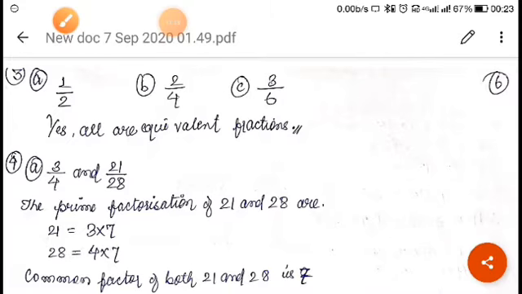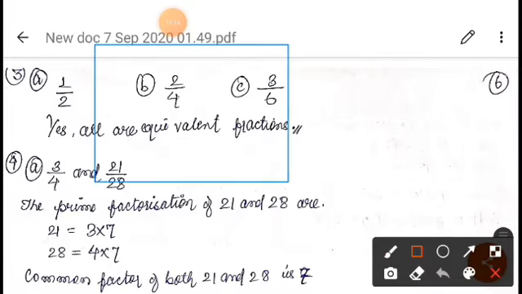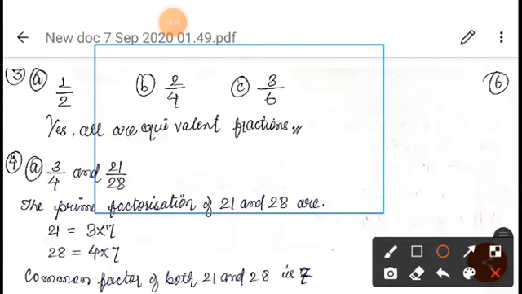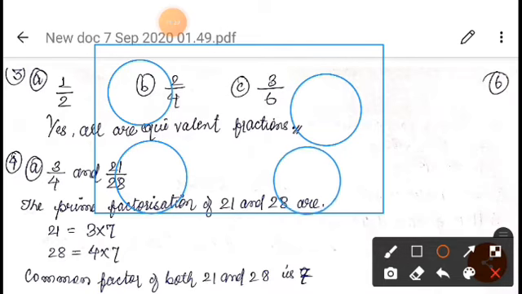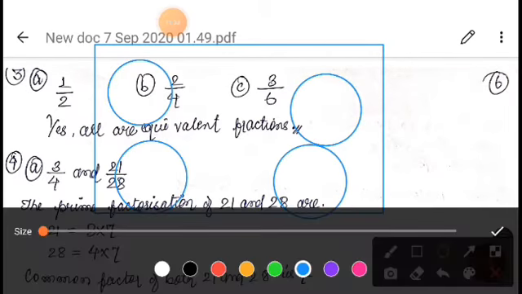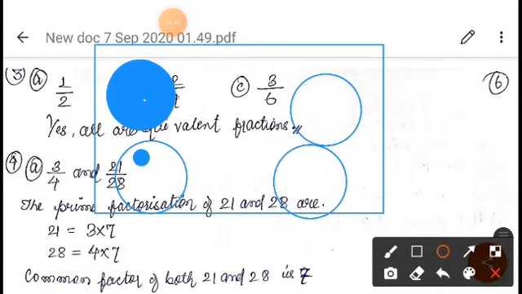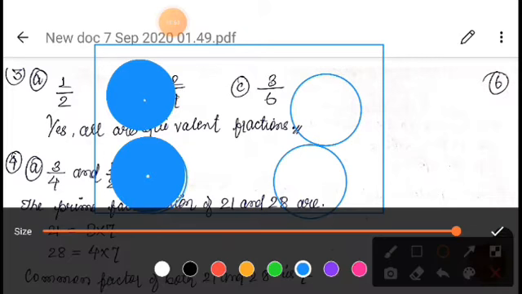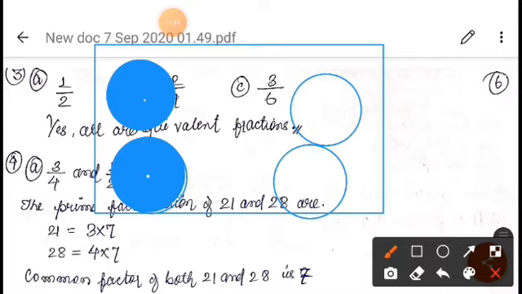Now when you see number B, again one box is there, and in this box there are four circles, 1, 2, 3 and 4 circles, okay? Of those 4 circles, 2 circles are shaded like this, right? So if we want to write this, how many parts are there? The denominator will be 4, because there are 4 circles, 1 2 3 4.